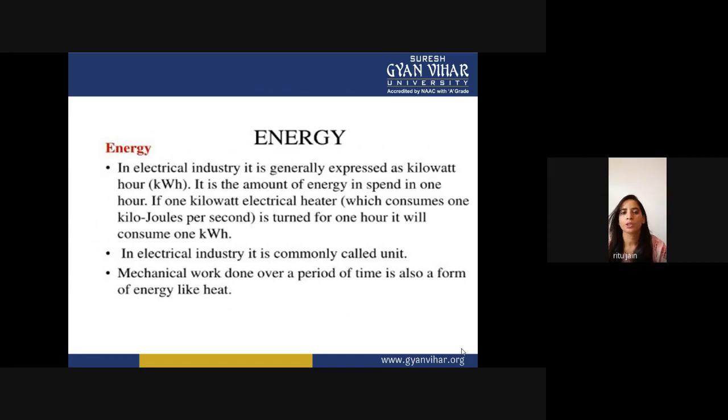So what is energy? In the electrical industry, energy is generally expressed in kilowatt hour. It is the amount of energy spent in 1 hour. What do you mean by kilowatt hour? It means that you are spending 1 kilowatt of energy in 1 hour. That is your 1 kilowatt hour of energy.